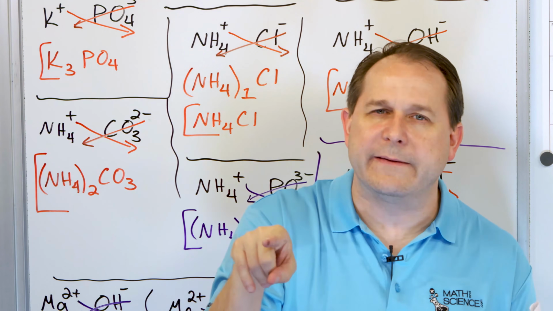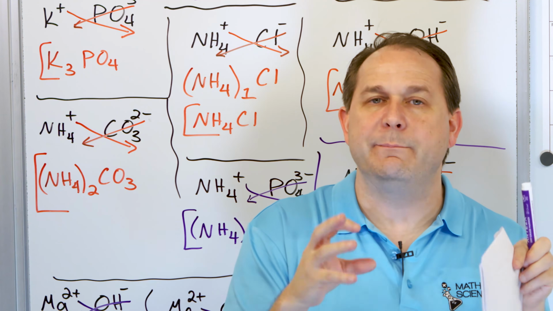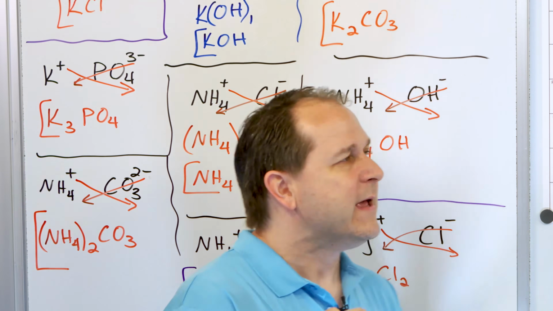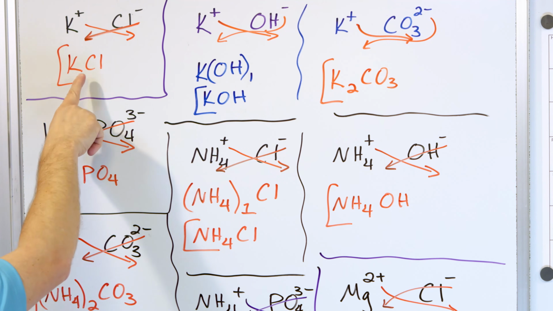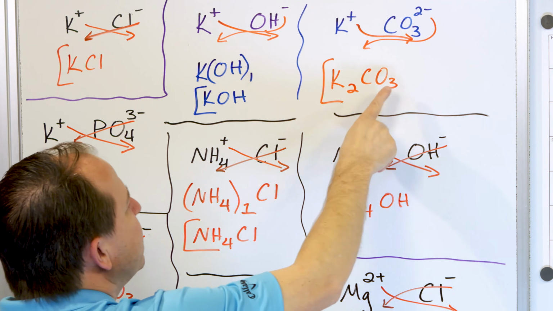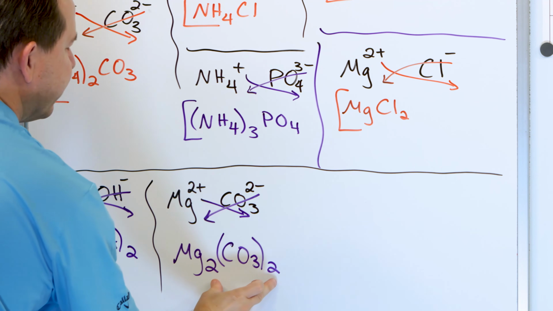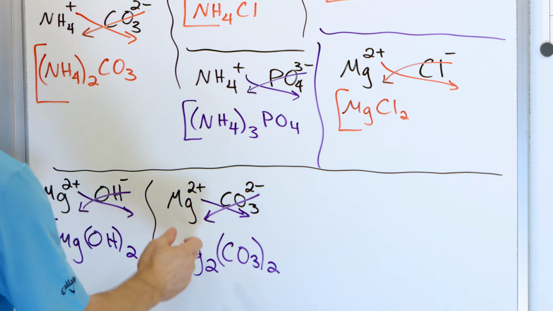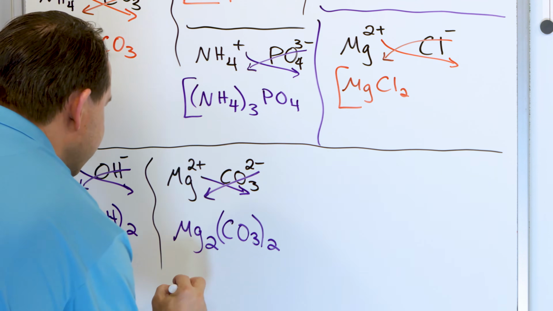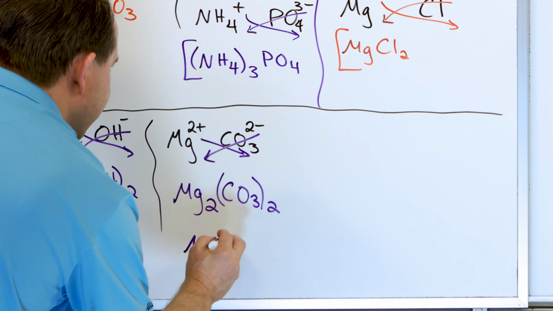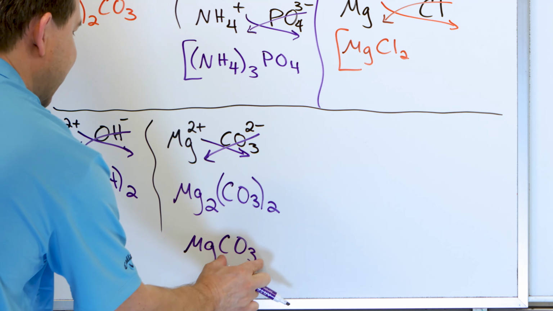You think you're done, but remember I kept telling you in the beginning, when you do the crisscross method, you always want for ionic compounds the formula unit to be the lowest whole number ratio. And in every one of these cases, we already arrived at the lowest whole number ratio. You had a 1 and a 1, a 1 and a 1, a 2 and a 3, a 4 and a 1. These are already lowest whole number ratios, but this is the first time we have a 2 and a 2. I can reduce this by dividing each of these numbers by the number 2, and I will then get Mg1 CO3, again 1.